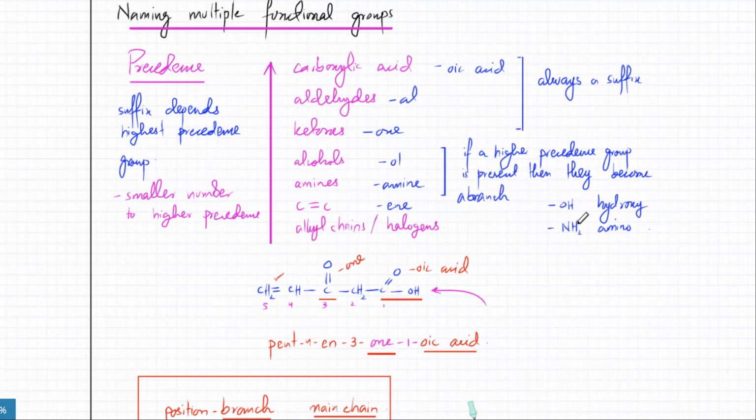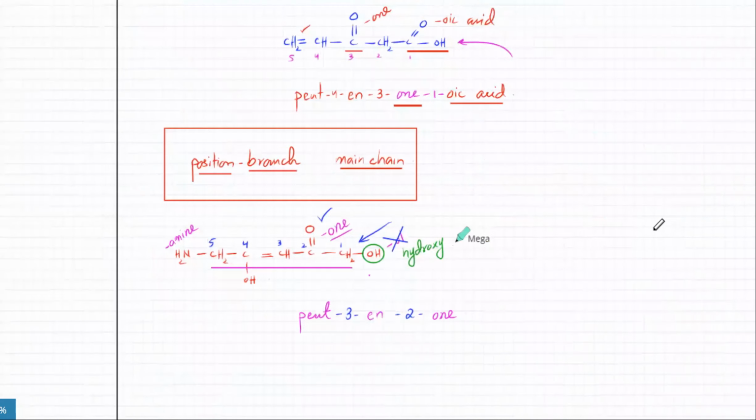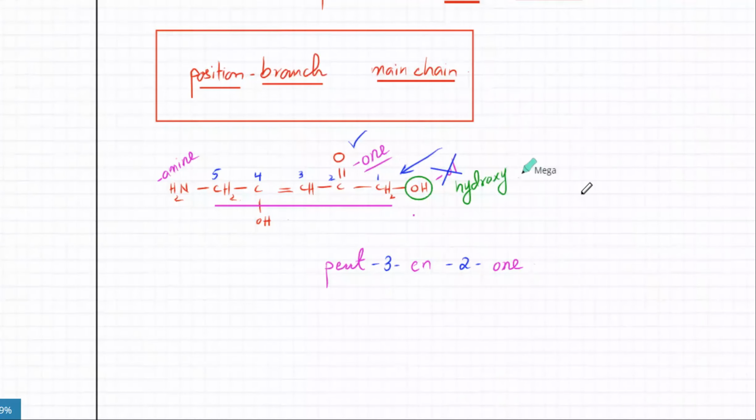So you've got OH, you've got NH2, they're going to become hydroxy and amino branches. In this case, that's a hydroxy group attached over here, another hydroxy group attached over here, and an amino group present over here.